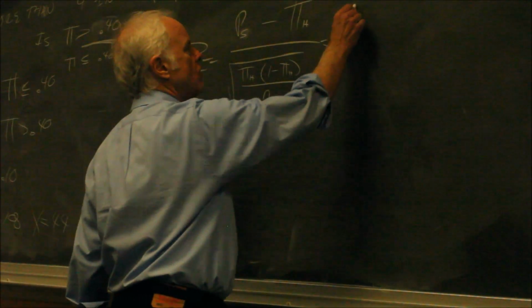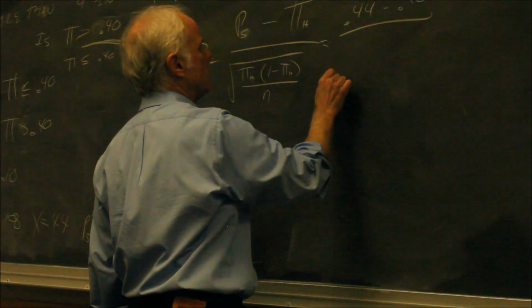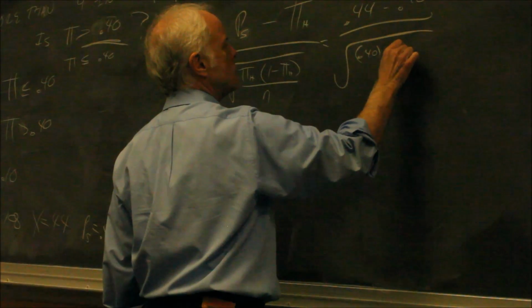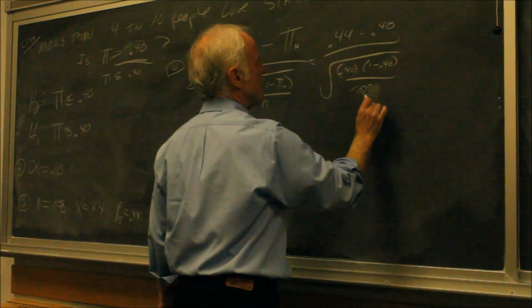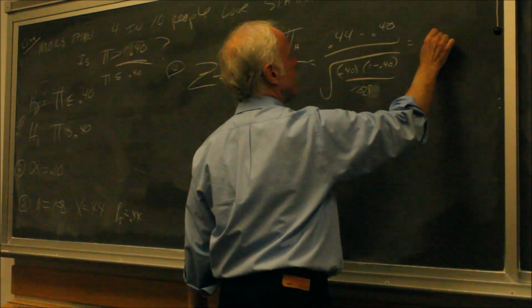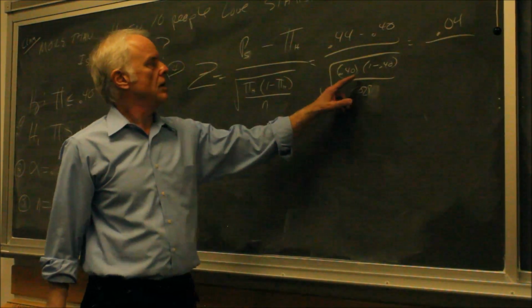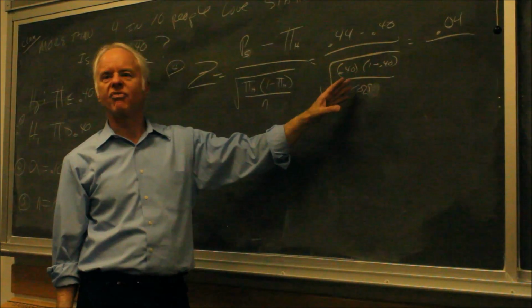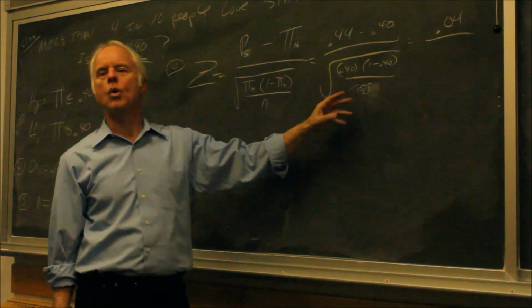So we have 0.44 minus 0.40, divided by the square root of 0.40 times 1 minus 0.40, over 100. What do we have here? 0.04 divided by, let's see, 0.4 times 0.6 is 0.24, divided by 100 is 0.024.